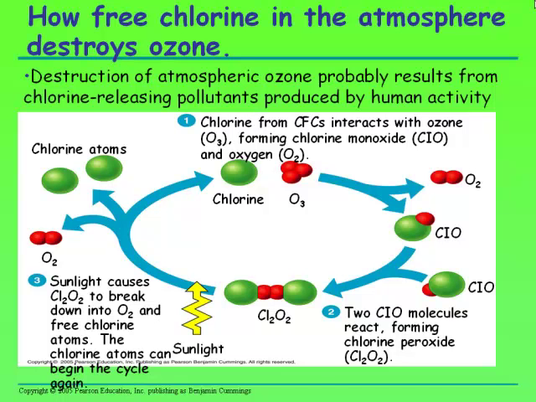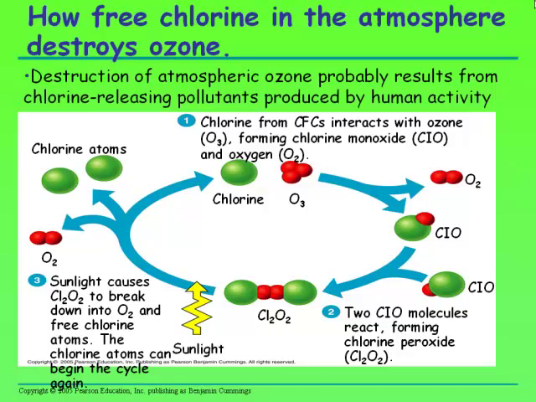Chlorine from CFCs interacts up here with ozone, which is O3, not regular molecular oxygen, which is O2, forming chlorine monoxide and oxygen. Then two chlorine monoxide molecules react, forming chlorine peroxide.